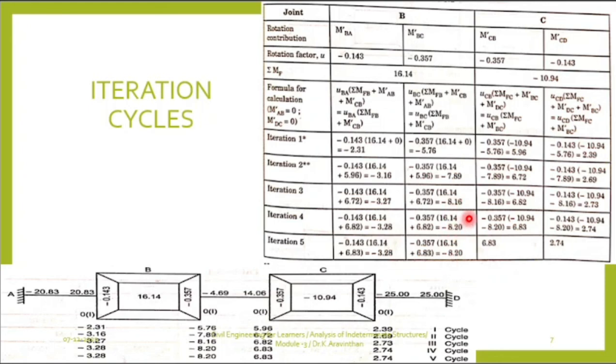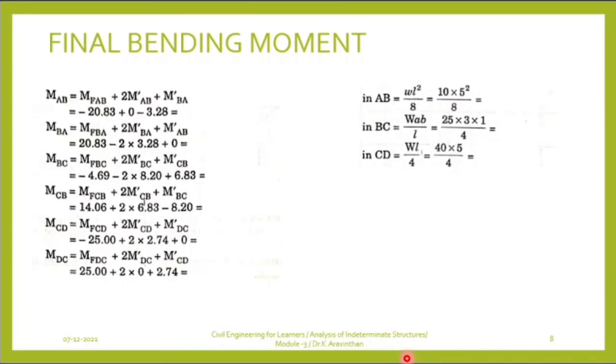Then you have to stop the iteration. So what are these values? You got them by using this formula, that is minus 2.31, it is written here. The same values are written in this picture. So this is the cycle. Up to the fifth cycle, you got the same value in the fourth and fifth cycle, hence you are stopping the iteration. This will be your final bending moment.